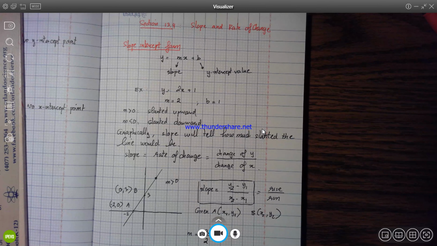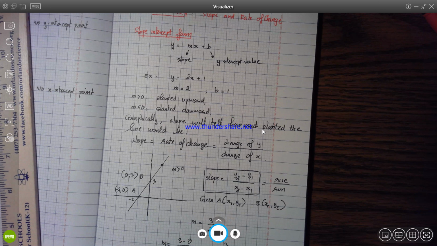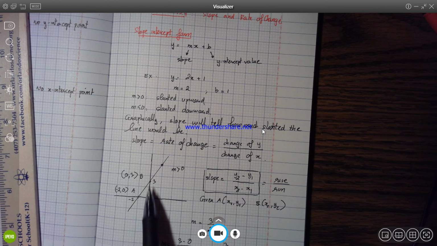So you see that it still gives you 3/2. So there are 2 ways to tell how slanted the line is, or whether the line is slanted downward or upward.